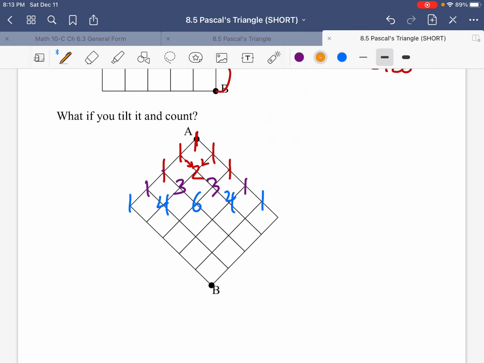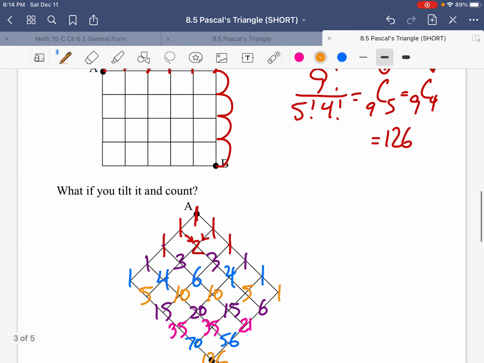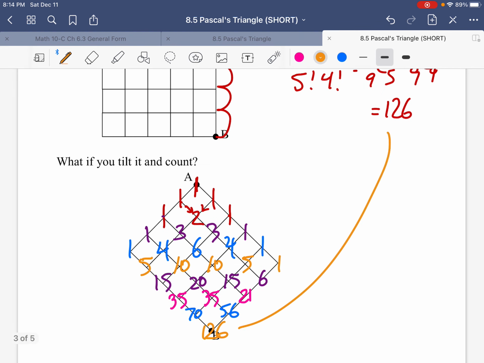The next row will be 1, 1 and 3 is 4, 3 and 3 is 6, 4, 1. 5, 10, 10, 5, 1, 15, 20, 15, 6. 35, 35, 21, 70, 56, and that adds out to be 126 ways.